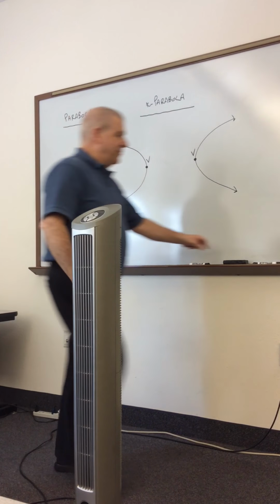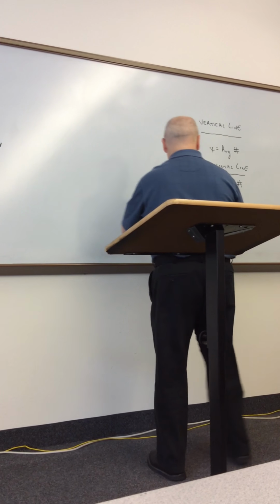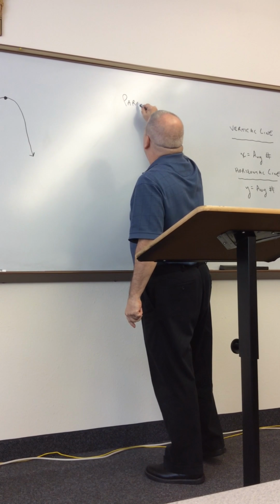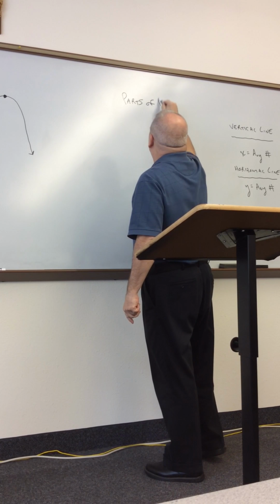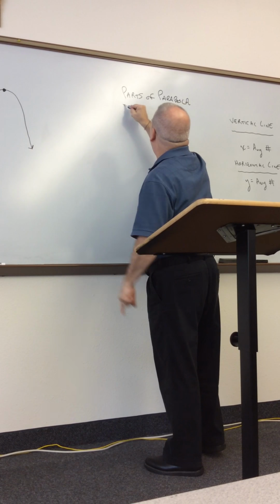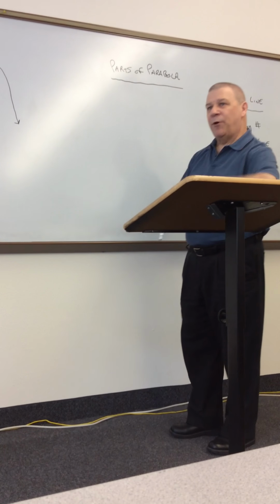In fact, let me come over here. This is all going to be good stuff for you to just put in your notebook here. The parts of a parabola. All I'm doing today is showing you what all the parts look like. There are 4 parts to a parabola.